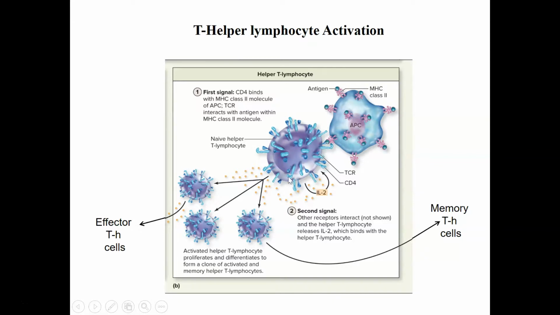Here is the response, secretion of IL-2, which auto-stimulates this cell. It undergoes clonal expansion, and then some of these are going to secrete other cytokines. Those are going to be the effector helper T cells. Others of them are going to just be stored away in the body. Those are the memory T cells.